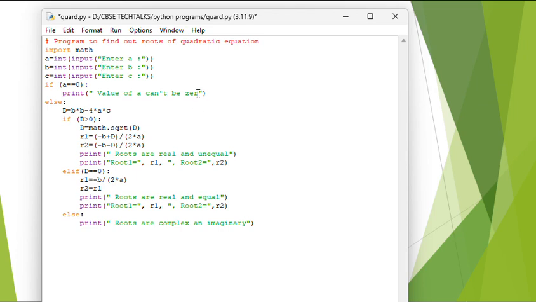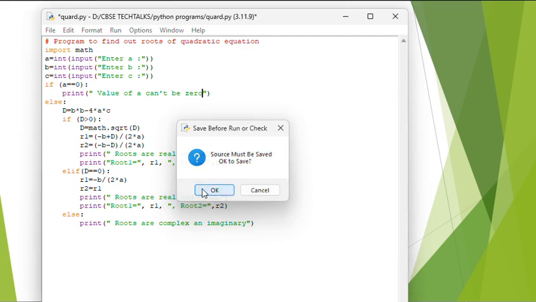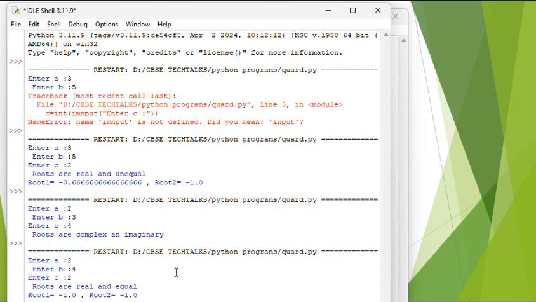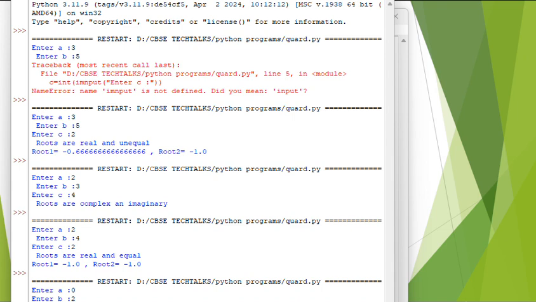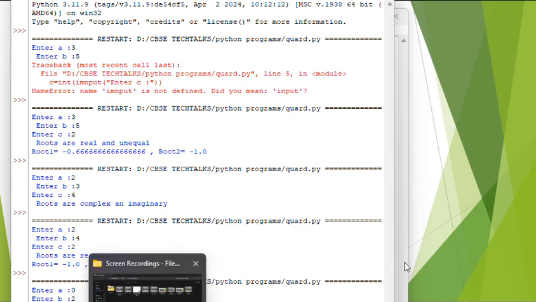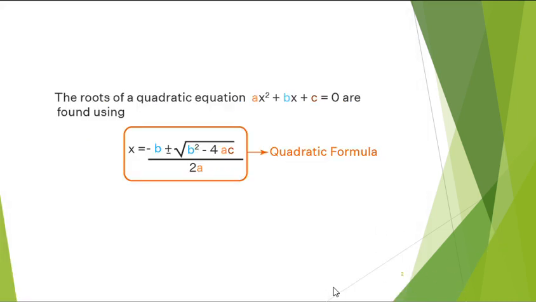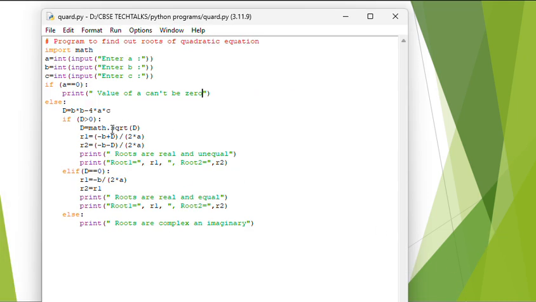Now let's see with the 0. We have not tried. I have missed what if we have entered the value of a as 0. Let's run that also once. 0, 2 and 3 or anything. Value of a can't be 0, so it is not calculating, it has stopped then and there only. I think the coding is clear, so value of a can't be 0.